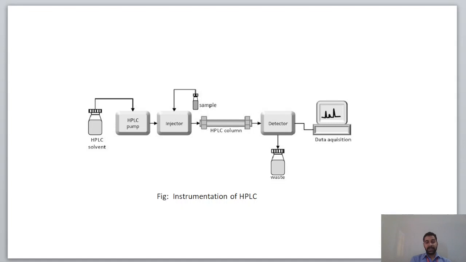Whatever the compound that eluted out from the column can be detected by using the detector, and the remaining waste product can be collected in the separate form, and the chromatogram obtained during the separation can be done by using data acquisition.